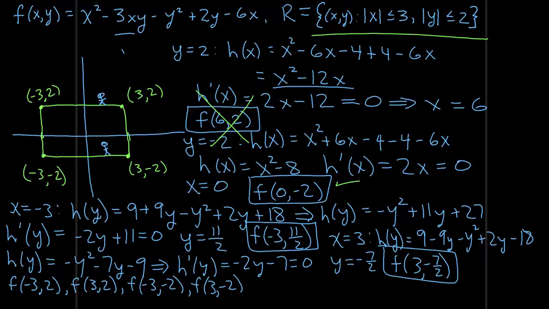Now, this one, look, so what about 11 halves? That's too big of a y, isn't it? Okay, all righty, so I was able to reject those two. Now, what about negative 7 halves? That's negative 3.5, isn't it?